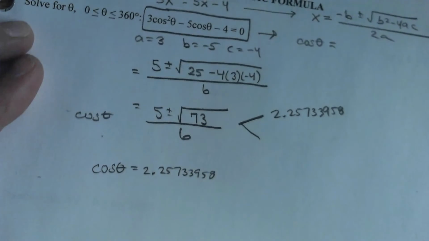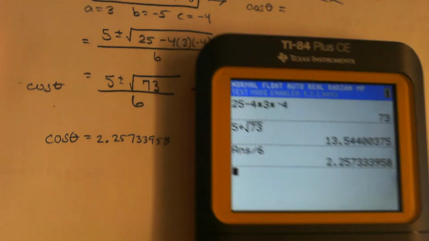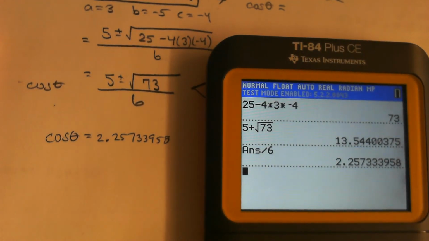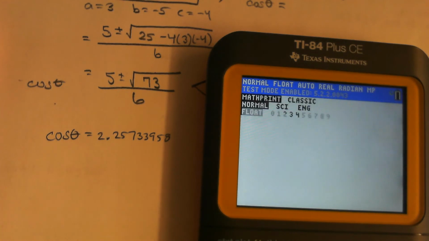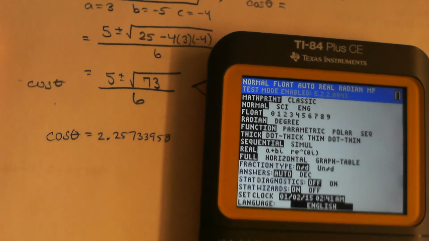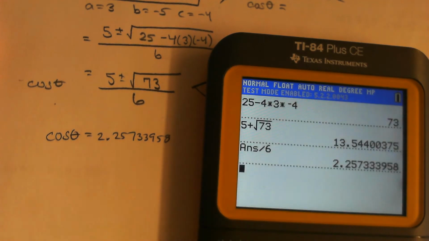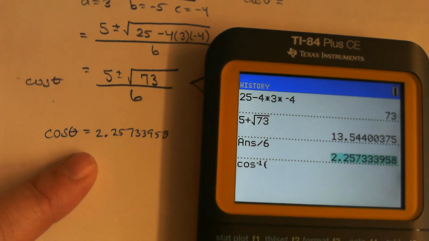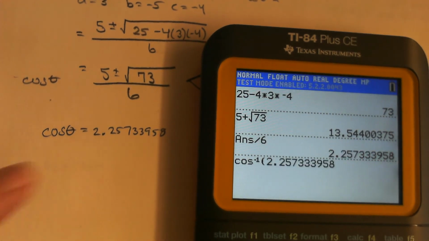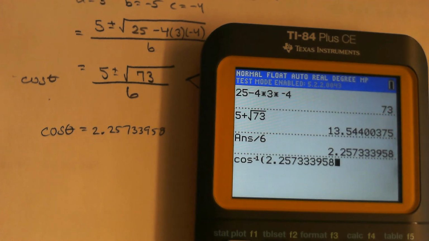2.25733958 number. On my calculator, I'm just going to do inverse cosine of that. Should I be in degrees or radians? Go back up, look at the original question. Degrees. So I'm constantly flipping back and forth. So inverse cosine of that answer, and inverse cosine is going to give me something in quadrant 1 or 2.